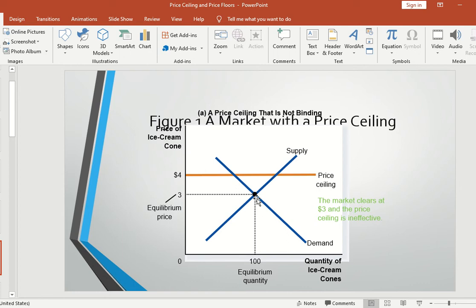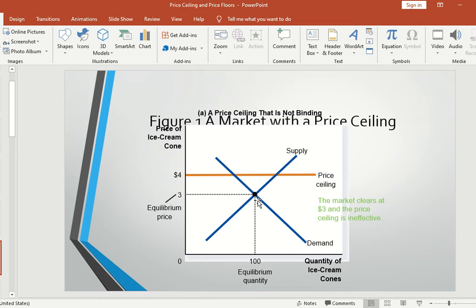So in this market, the ice cream cone market, for some reason, policymakers think that the price of an ice cream cone is too high. It's not fair.